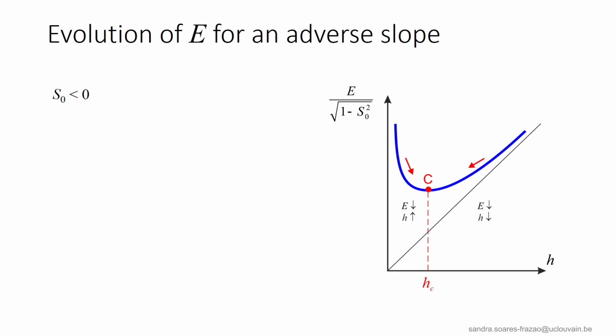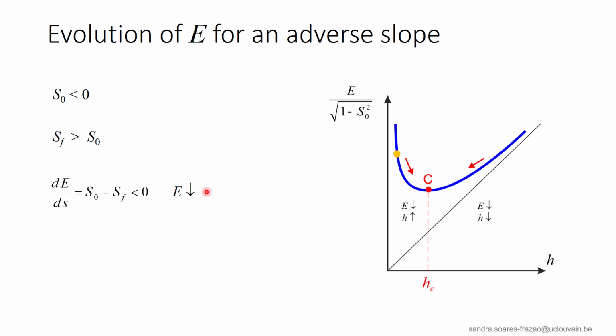As we have seen, in the case of adverse slope, there is no uniform flow possible. We can only define the critical depth HC with the critical flow C. The bed slope S0 is negative and thus always smaller than SF. Therefore, dE/ds can only be negative, which means that the specific energy can only decrease along the flow from upstream to downstream.